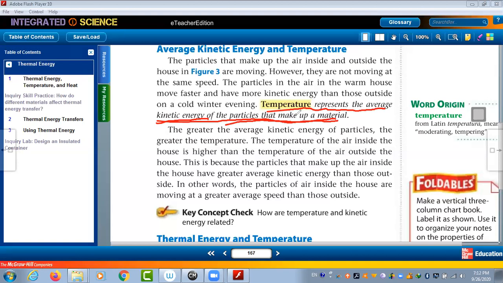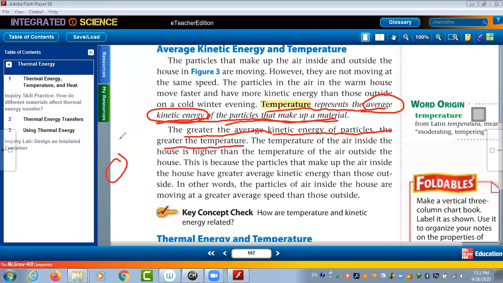Pay attention, temperature is the average kinetic energy. So if we increase the kinetic energy, we have a high temperature. The greater the average kinetic energy of the particles, the greater the temperature. Why does a material have a higher temperature than another material?